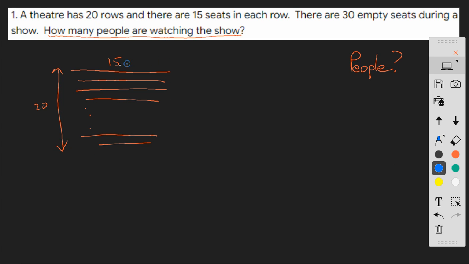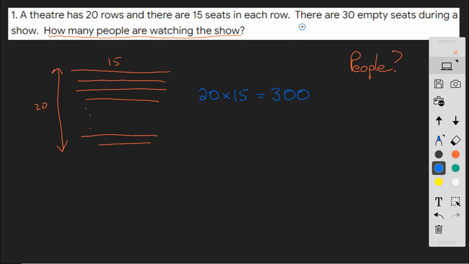Hopefully you can see that that's 20 lots of 15, which is 20 times 15. 2 15s are 30, and the 0 is 300. And it's absolutely one of our key GCSE skills to be able to recognise multiplication and indeed division questions.